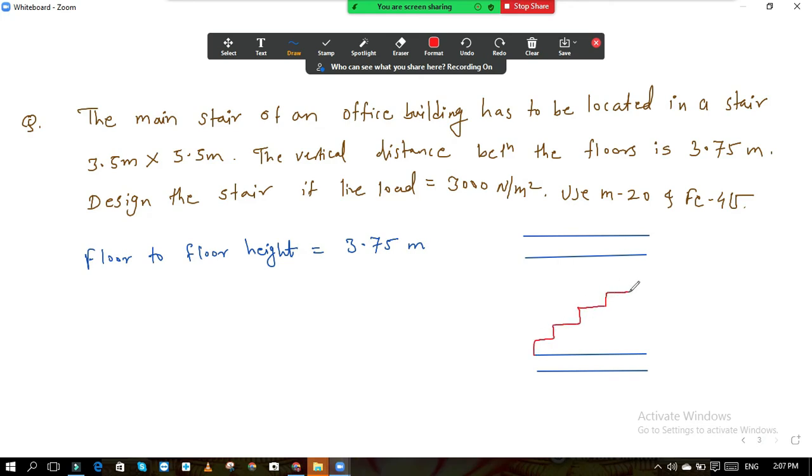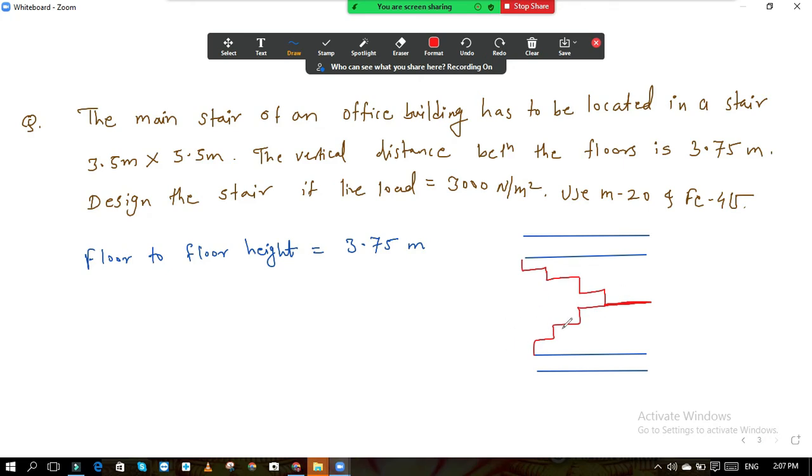And then here somewhere the landing will be there. If this is the landing. Okay. And for the next floor, it is constructed like this. Okay, so these are the stairs.